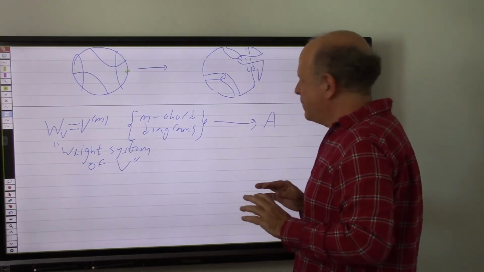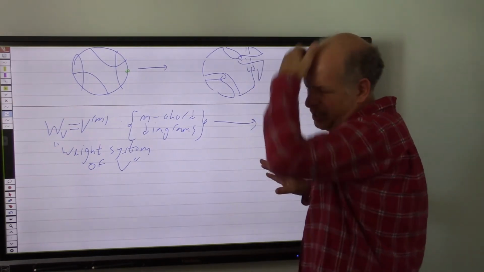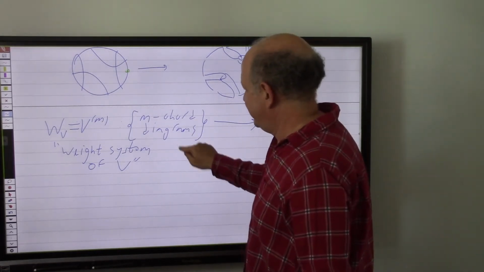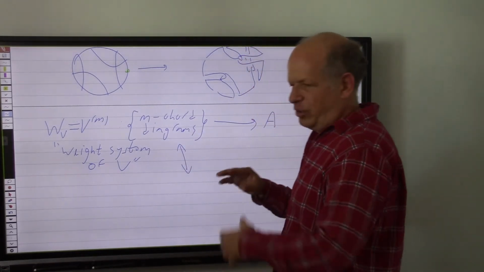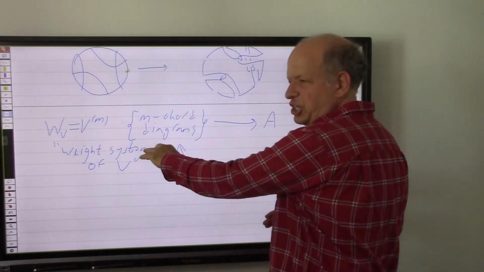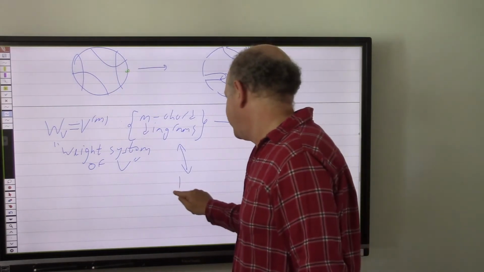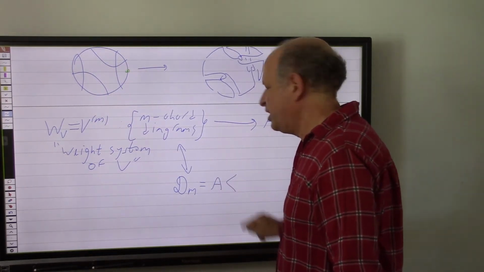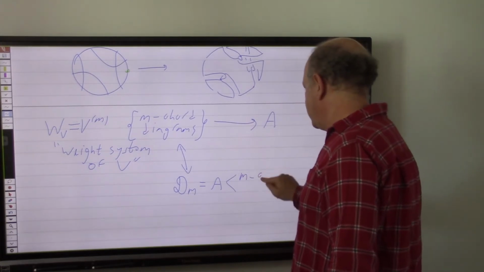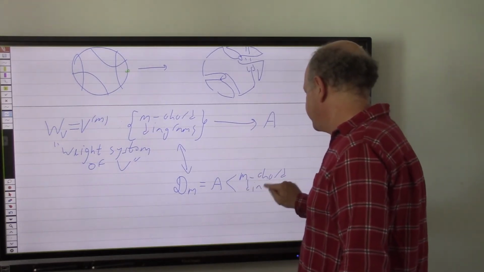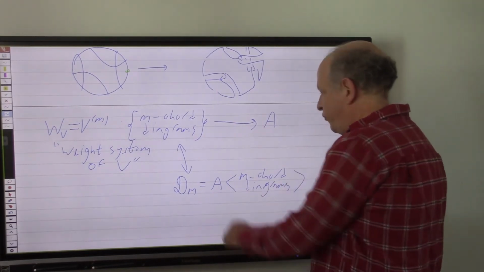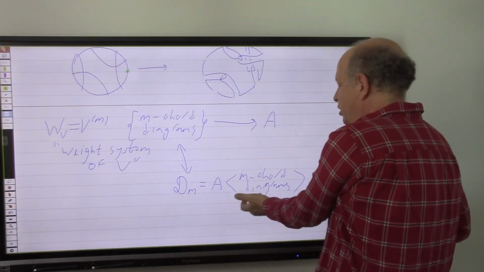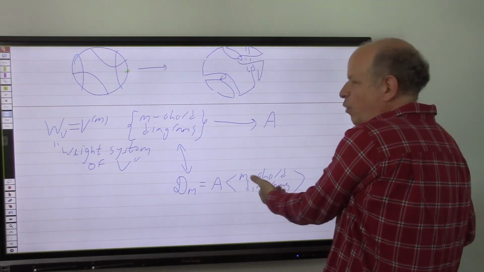Second, with a slight abuse of language, I will allow you to take formal linear combinations. So I will define a space D sub M, the space of formal linear combinations of M chord diagrams with coefficients in A. If A is a field, you should think of it as the vector space with basis elements, one for each chord diagram.